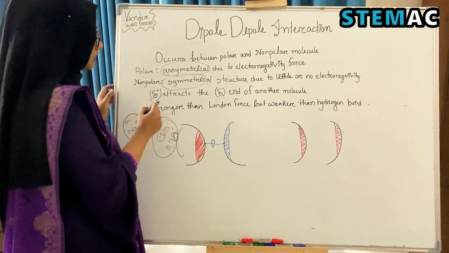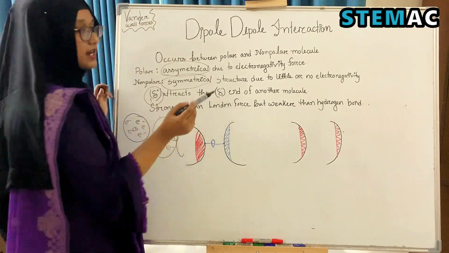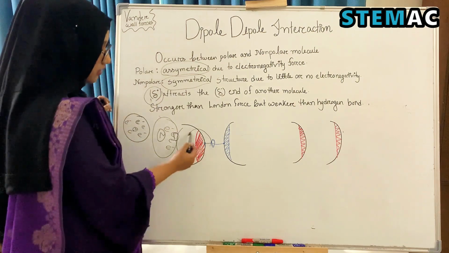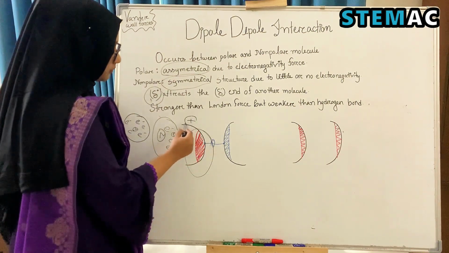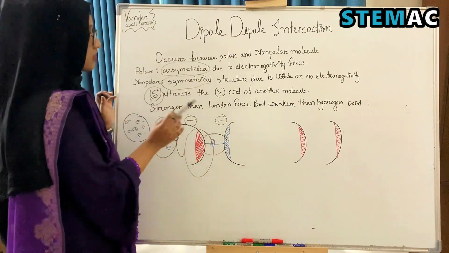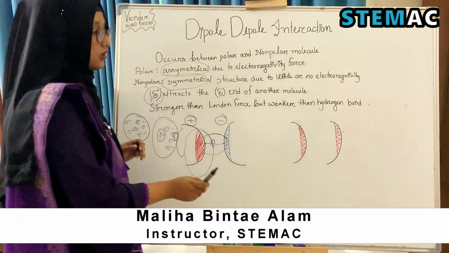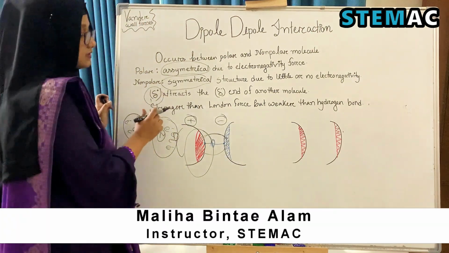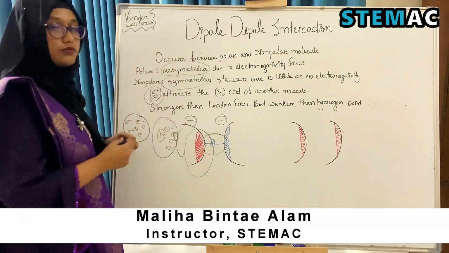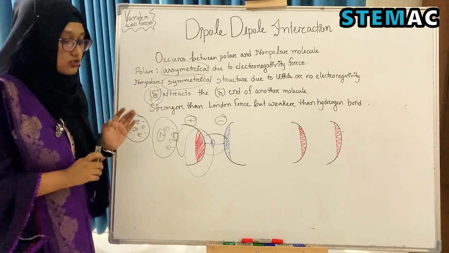So here, this positive end attracts the negative end of another molecule. Exactly, here think it is a positive molecule and it's a negative molecule. They can attract each other and cause this bond interaction. But in the case of two negatives, they never gonna create any bond. This bond is stronger than London force but weaker than hydrogen bond, which we'll talk about in a later class.